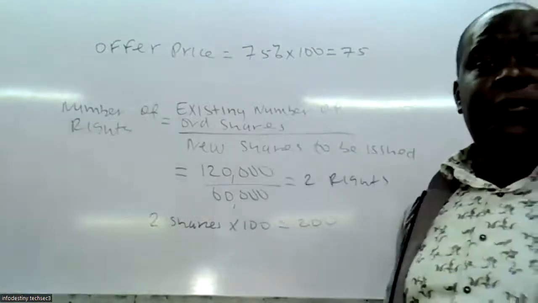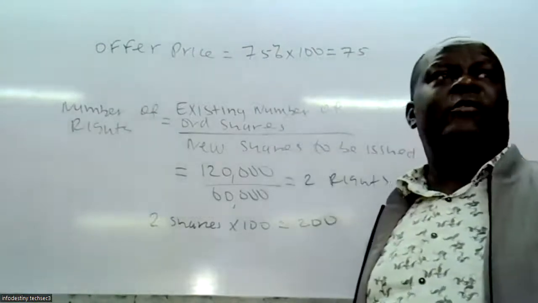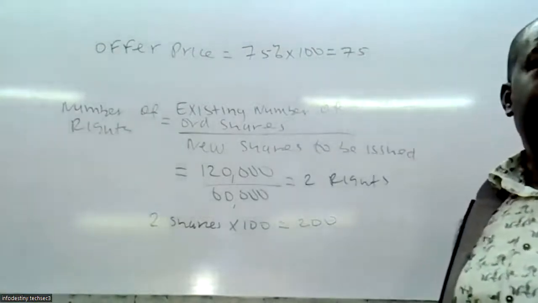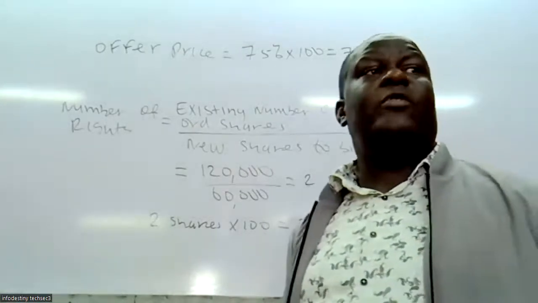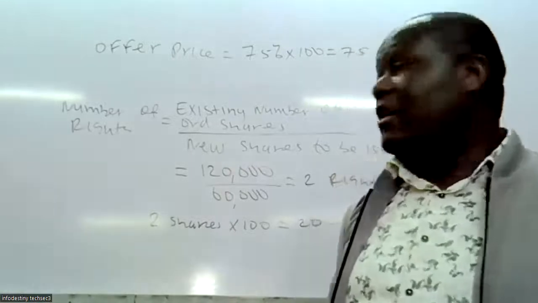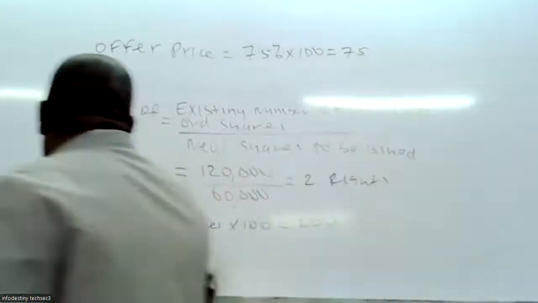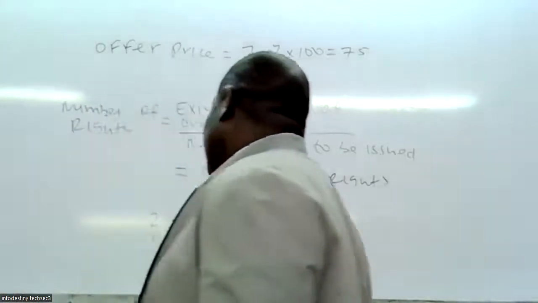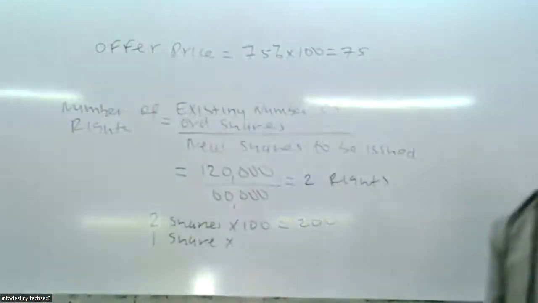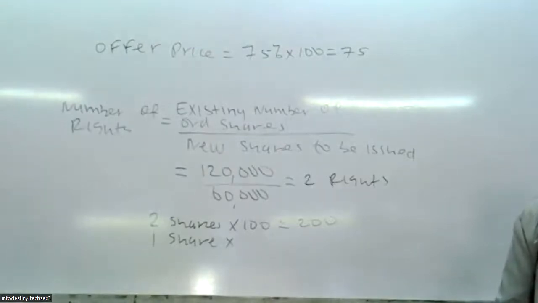When you have 2 shares, you are given 1 new share. The rights give you an opportunity to acquire 1 new share. This 1 new share, we value it at the offer price. You are getting 1 new share at the offer price.